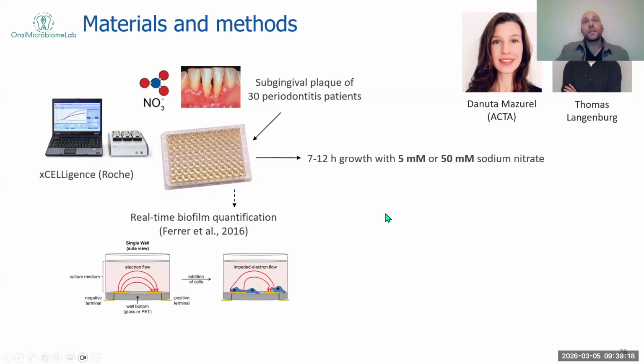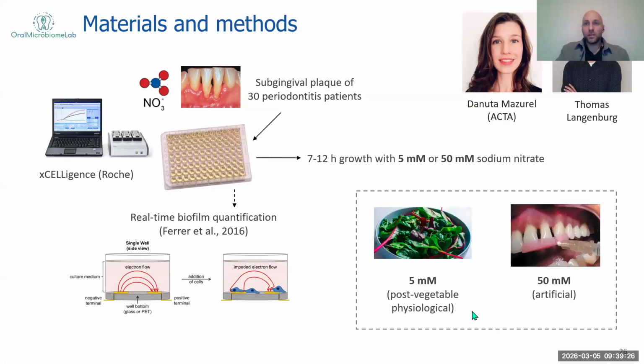And we grew these communities for 7 to 12 hours with 5 or 50 millimolar sodium nitrate. And we chose this concentration because 5 millimolar nitrate is a concentration that we can have in saliva after consuming vegetables, while 50 millimolar is an artificially high concentration that could be added to different products such as a periodontal gel.